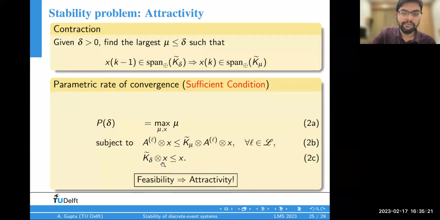Again, this is a sufficient condition. The actual program looks a bit more complicated. This is easier on the eyes. And the idea is that if I can prove that this program is feasible, then I can prove that the system trajectories will be attracted to the set K. That is the idea.